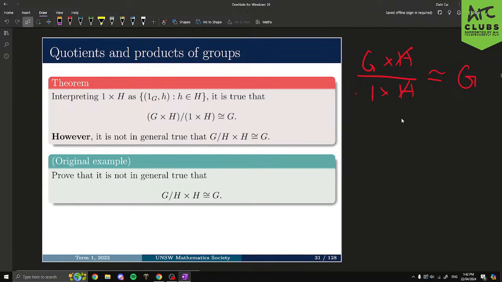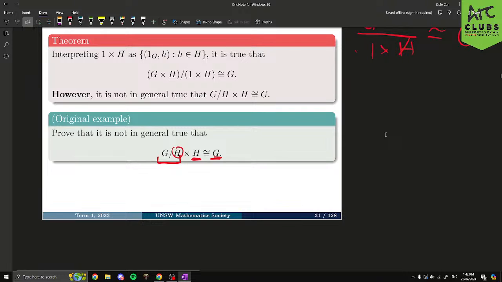It does work in this case. But it is not necessarily true the other way around, where if I take the quotient group and then multiply it by the denominator H, it is isomorphic to the original. So I can show you why that's not true, just with a quick example.